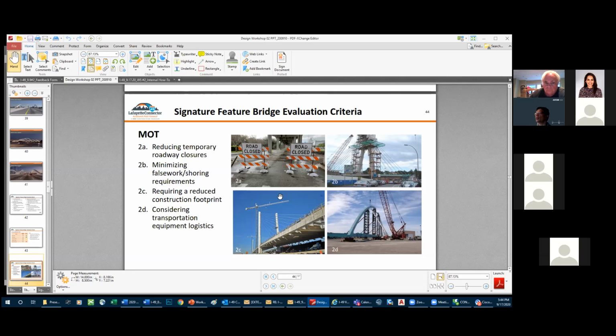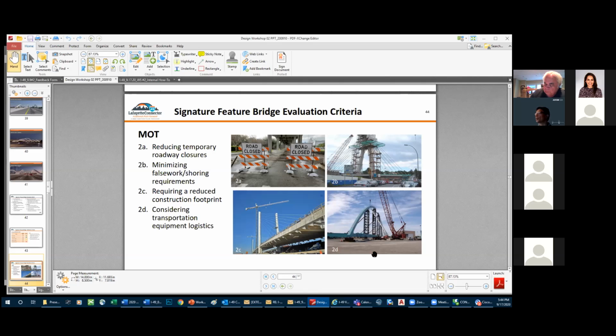In this graphic, we're showing a bridge constructed in cantilevers. We start construction at the pylon, in the middle of the bridge, and then the superstructure cantilevers or hangs over all the roadway and local streets. So the interruption would be a little more temporary, and the footprint a little smaller.